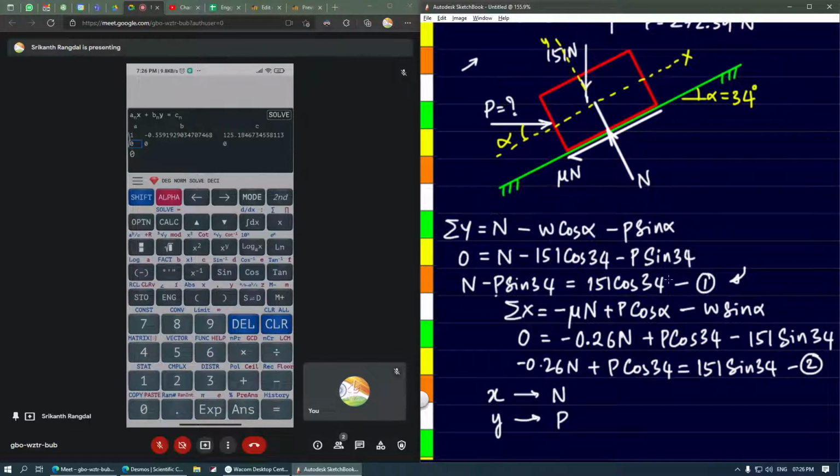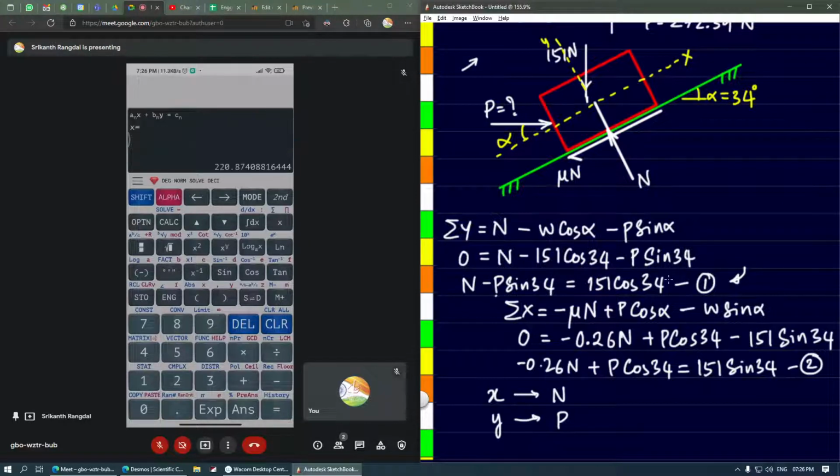Press equal to again to record the value. Now let's come to the second equation. In the second equation, coefficient of n is negative 0.26, and the coefficient of p is cos of 34. Let's put cos 34 plus equal to, and the constant on the other side is 151 into sine 34 plus equal to. Now all the coefficients have been fed.